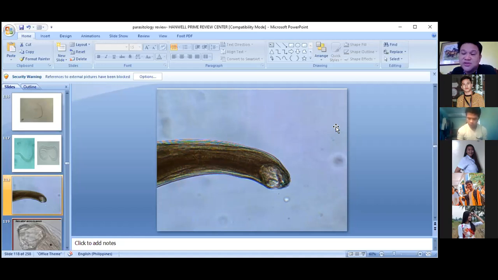So if only until the 10th to 13th day that you will recover motile larva, you report it as your Strongyloides stercoralis. And do you need to incubate further? No more, because there are no other species of Strongyloides. We just incubate further when it is hookworm. Naintindihan? Kasi nga, kailangan natin is-species identified.